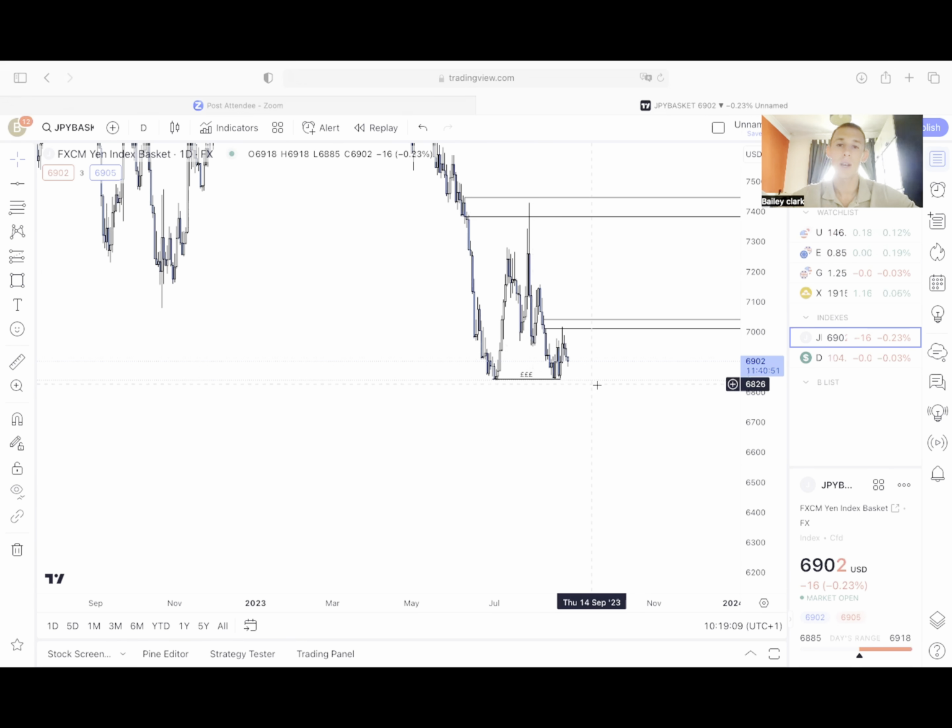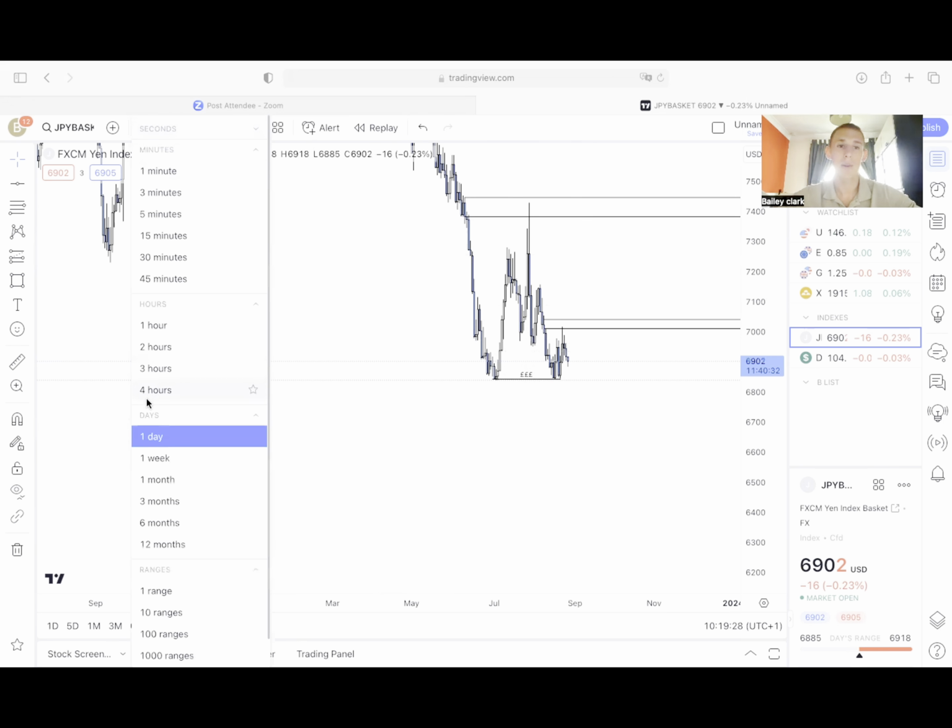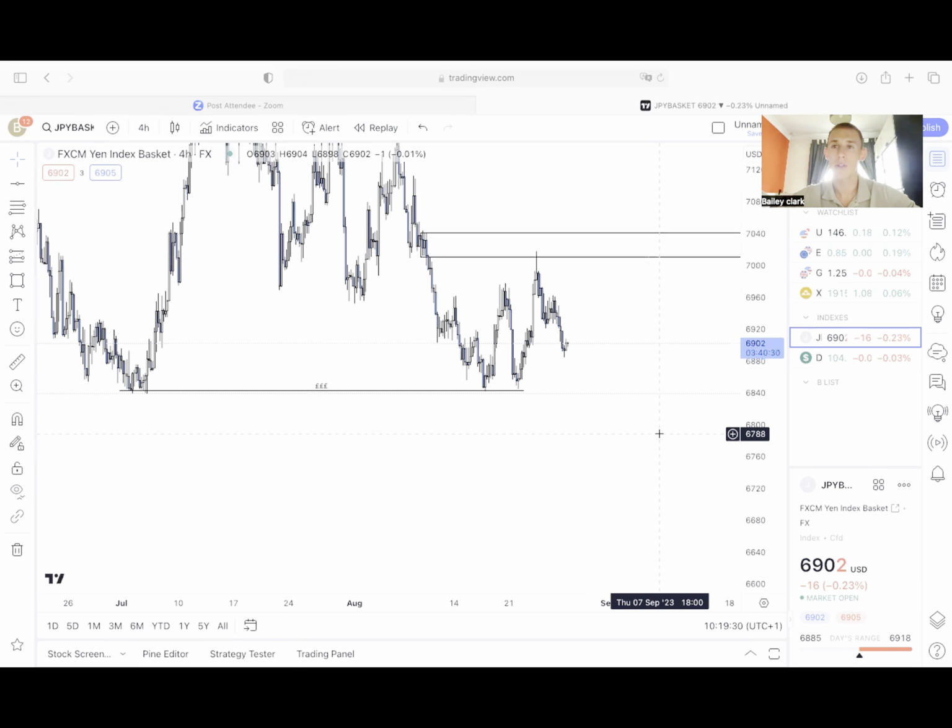Ultimately this week, I do see price heading back towards this region, taking out this floor of liquidity, floor of support, which would correspond nicely with any pairs that have JPY as the quote currency, so the second currency. That would correspond nicely with buys on those pairs, so GBP JPY, Euro JPY, and also UJ, of course.